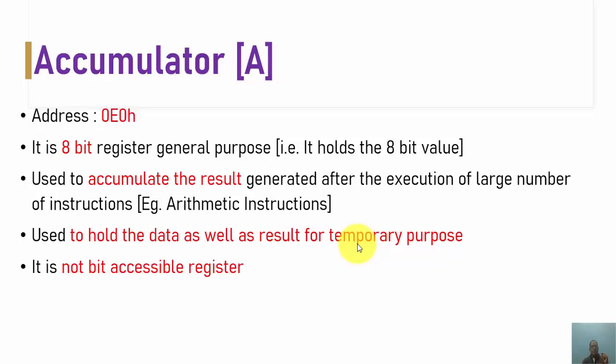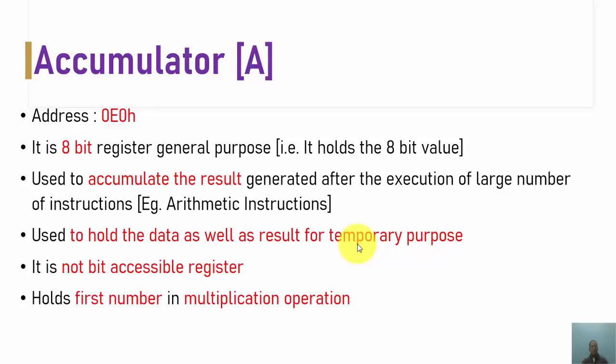Whenever you perform any instruction, whenever you send or retrieve any data associated with the accumulator, we have to deal with all 8 bits of the accumulator. It's not possible to utilize only one specific bit, say updating the status of only the first bit or the second bit. Why? Because the accumulator is not a bit accessible register.